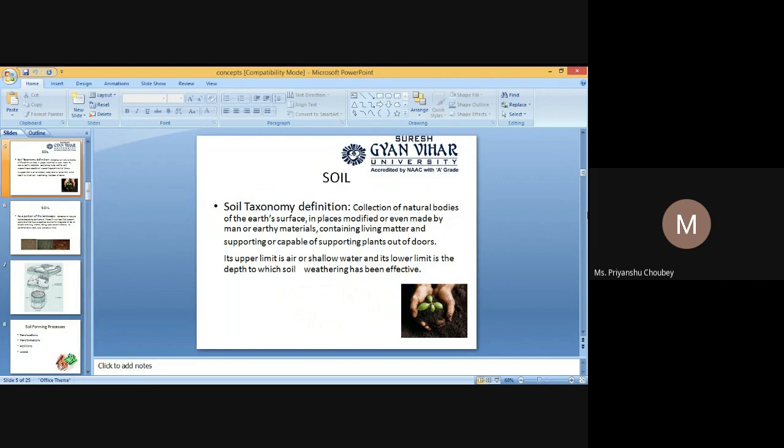Types of structure based on shape and arrangement of peds. Soil structure is classified as simple and compound. In simple structure, natural cleavage planes are absent. Simple structure is of two types: single grain and massive.